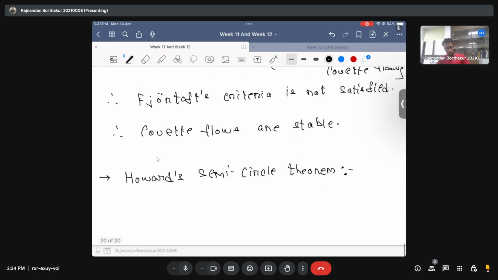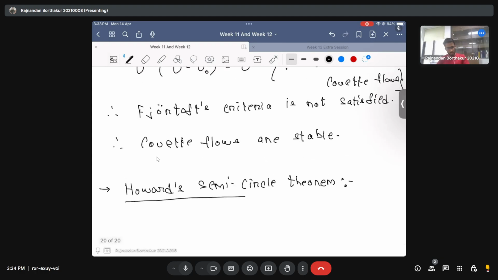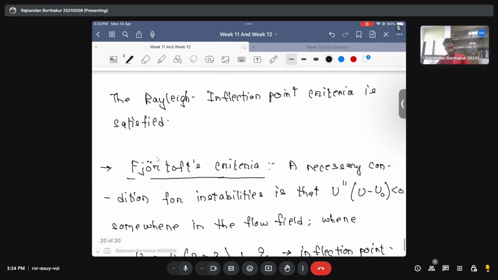So once again, I'll not prove the Howard semicircle theorem, but I'll just give you the statement.